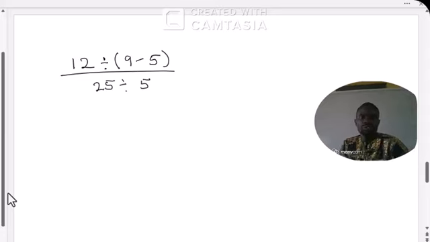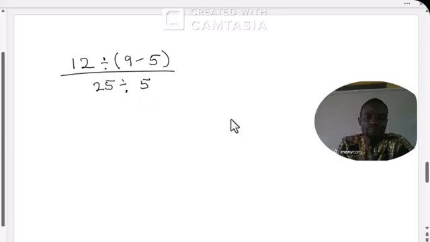Everything here is numerator, and this 25 divided by 5 is denominator. So we have numerator 12 divided by bracket 9 minus 5, close the bracket. Then we have denominator. You can take them one after the other and apply the order of operation, BODMAS, up here and down here.